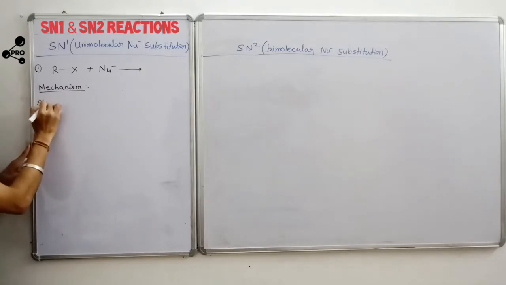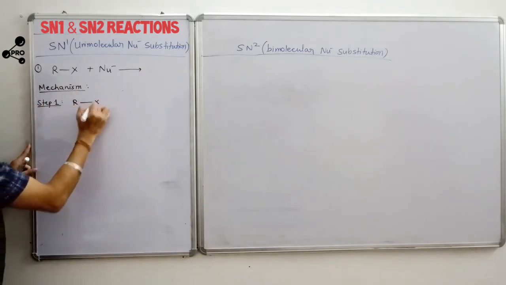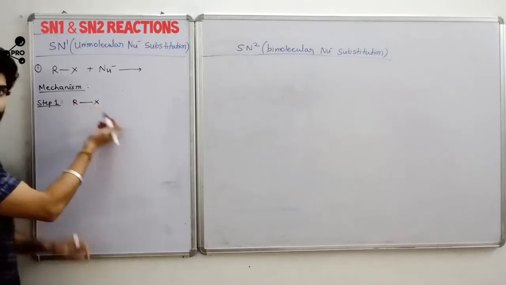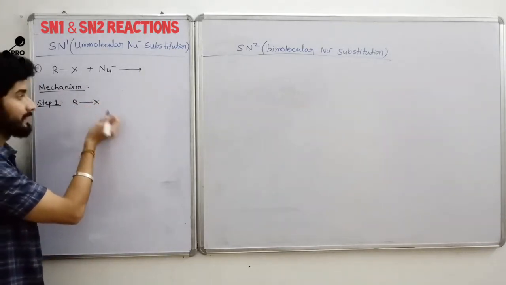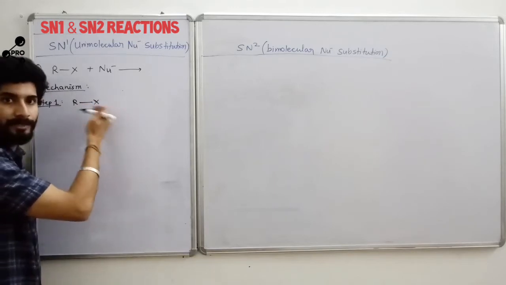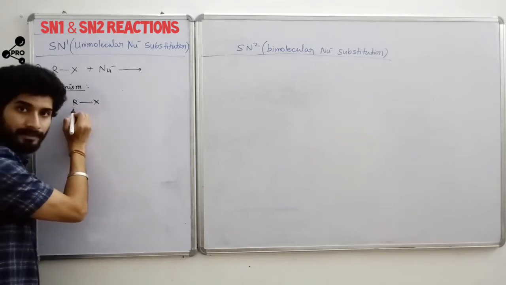In step 1, the alkyl halide has a halogen, which is more electronegative. You know very well that halogen is more electronegative than carbon. This is the alkyl part, that means it has a carbon in it.